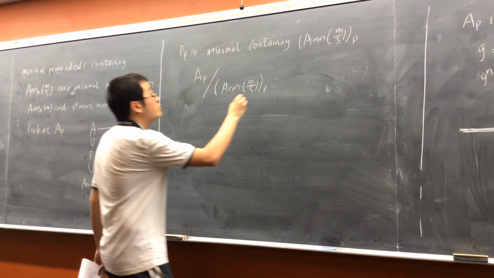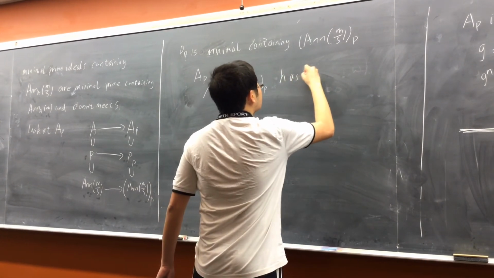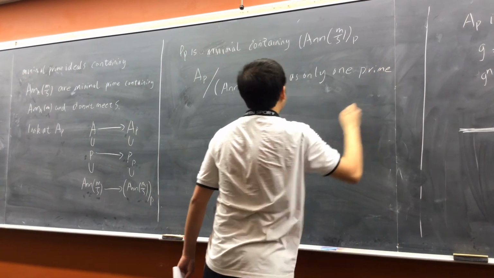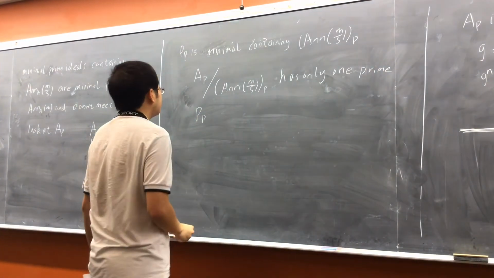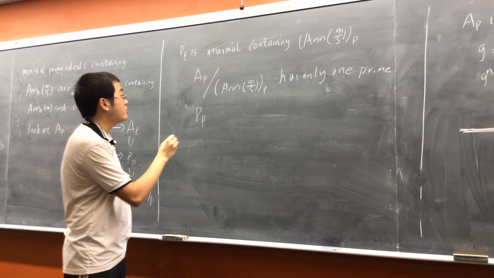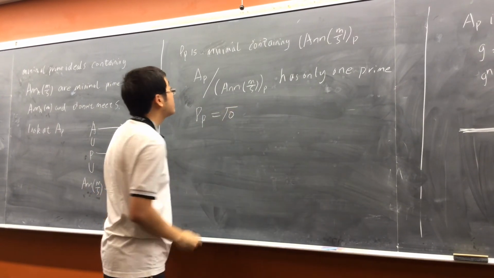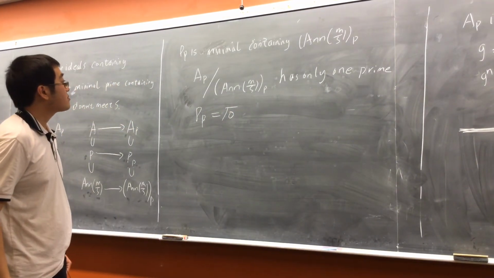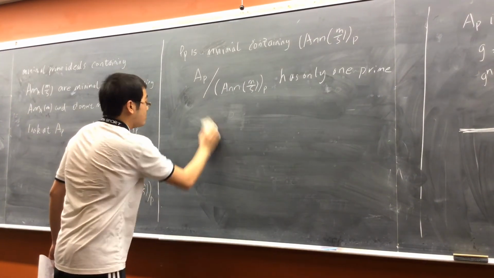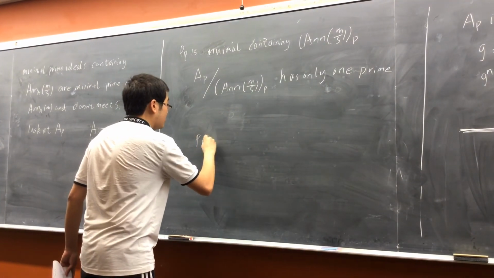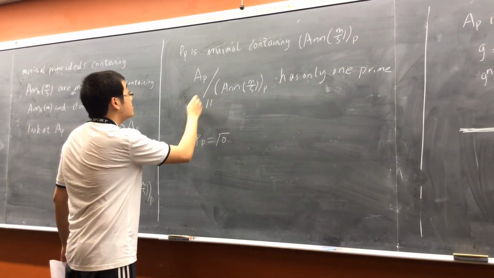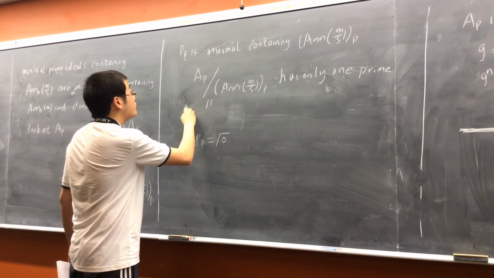So that means it has only one prime, that is P. So if it is the only prime ideal, it is also Noetherian. And there's another thing I need here: that localization commutes with taking quotient.